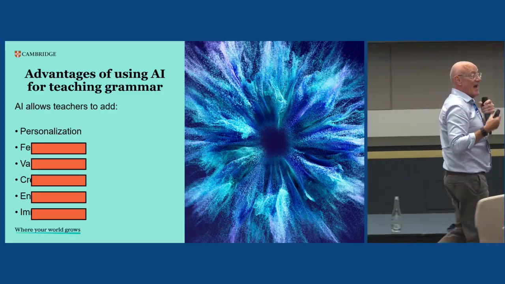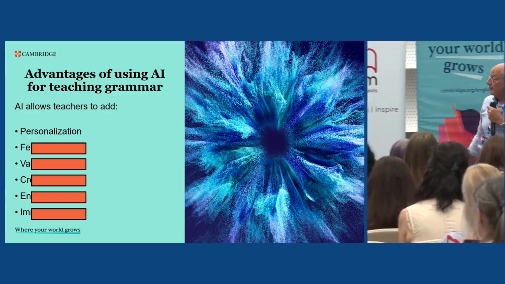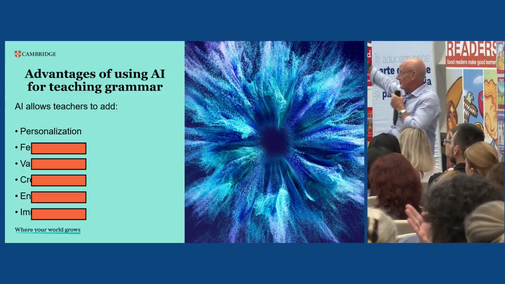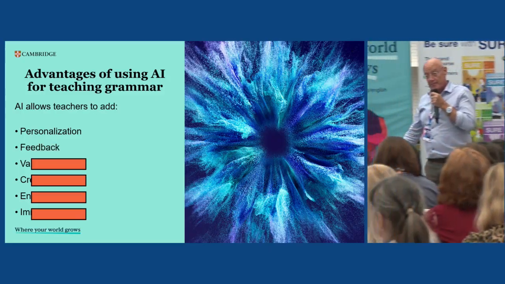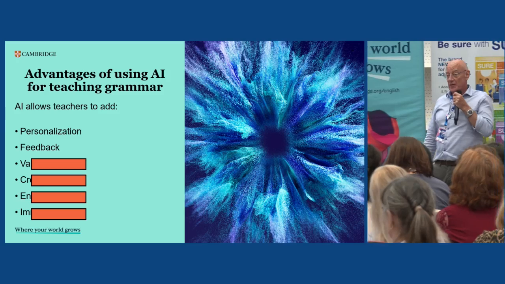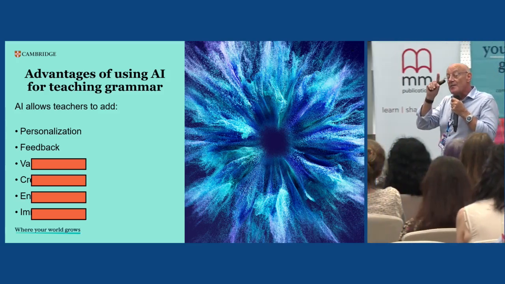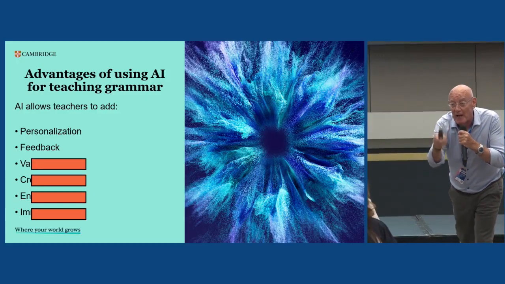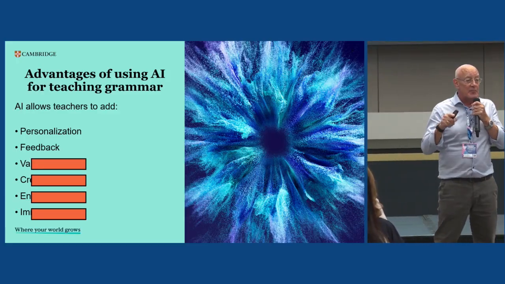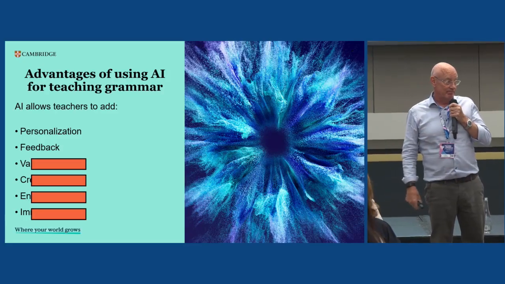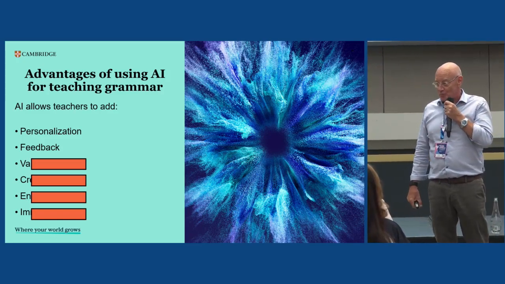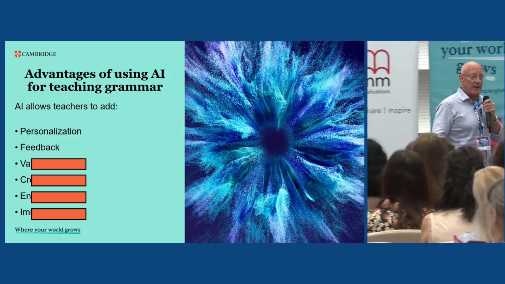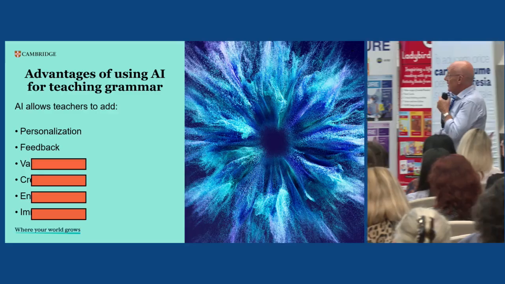But AI gives us that access to personalization. It also gives us what? Brilliant feedback. Absolutely brilliant feedback. Very concise. And more importantly, if the AI tool knows your language learning level, it will give you feedback at your level. It knows what you should know at that particular level.